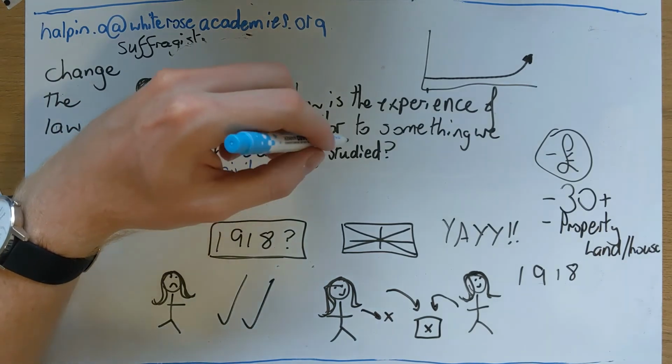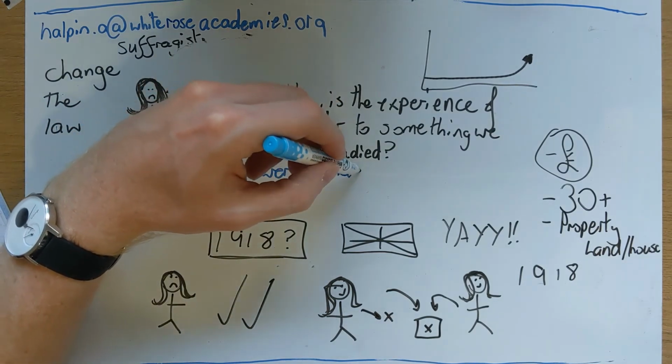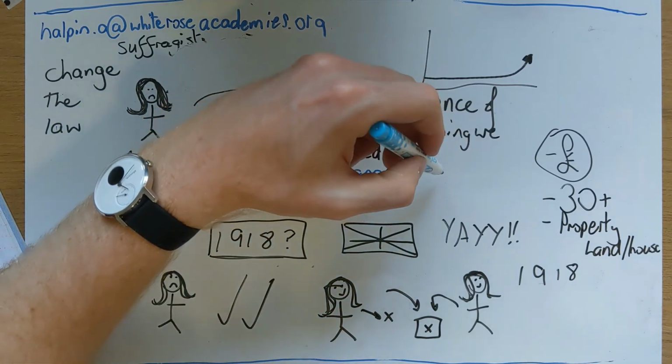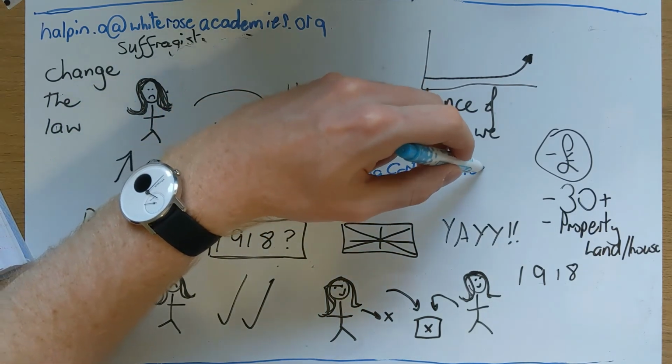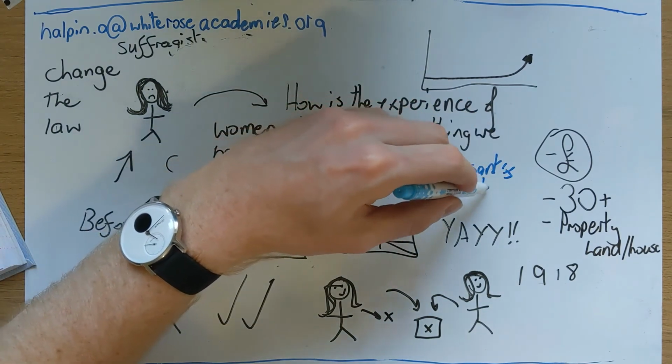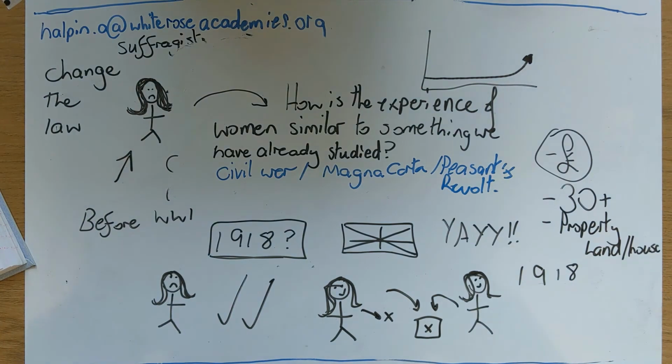Okay, so some things to think about would be the Civil War, Magna Carta, or the Peasants' Revolt. Okay, so now try and include those in your answer if you haven't already.